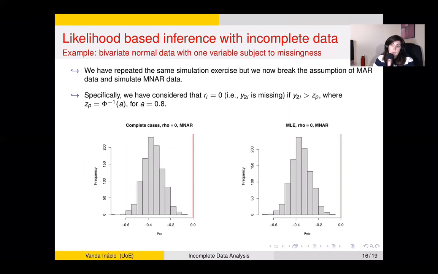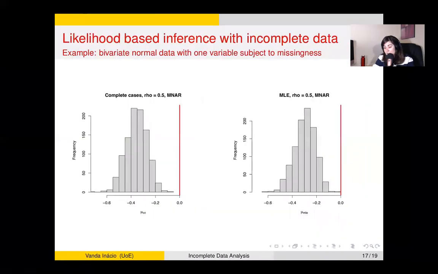Now I will simulate data that are missing not at random. And we see that here both maximum likelihood and complete case analysis, even when the variables are independent, give estimates that are not good, they are completely biased. And the same for a correlation of 0.5.